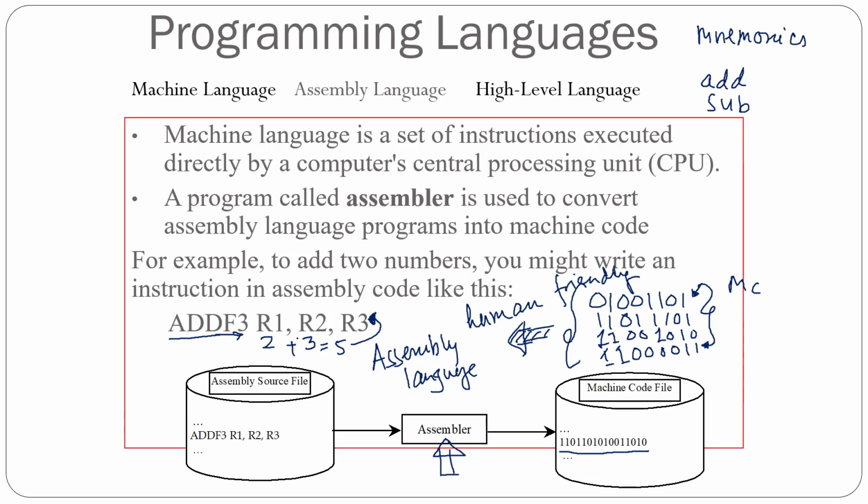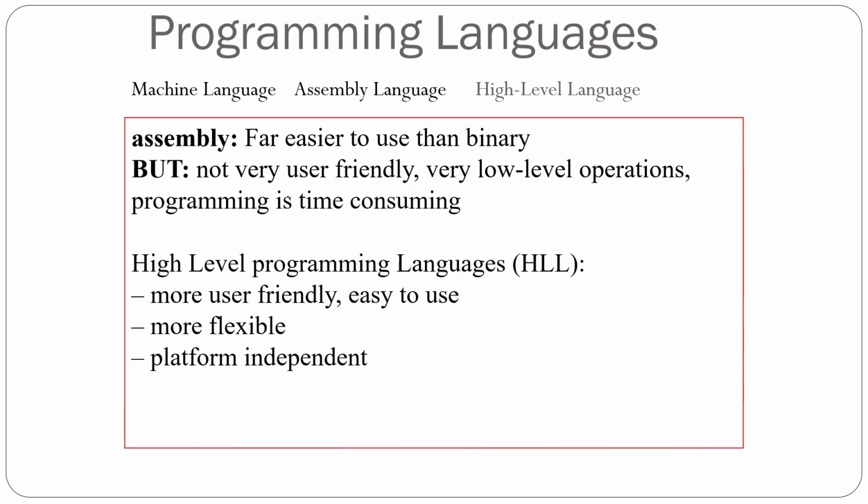But the message is that for assembly language also you should know a lot about the hardware of the machine. Okay, so you should be well familiar with the architecture of the machine or the computer on which you are doing assembly programming. Okay, so it is still not very user friendly. It's better than the machine language, but it is still low level.